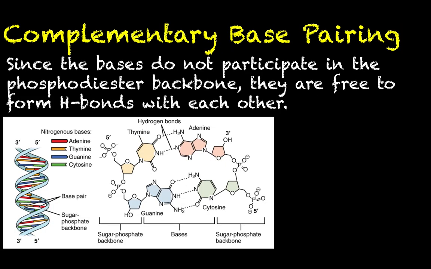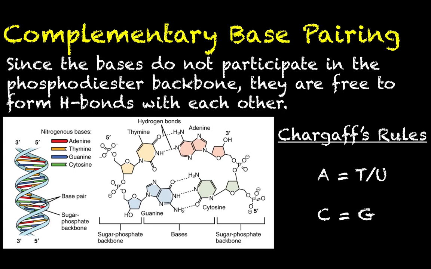Moving on to complementary base pairing, you can see this fairly well illustrated here. Since the bases do not participate in the phosphodiester backbone, they are free to form hydrogen bonds with one another. However, the bases cannot hydrogen bond with one another in any combination. There are rules that we have to follow, and these are often called Chargaff's rules.